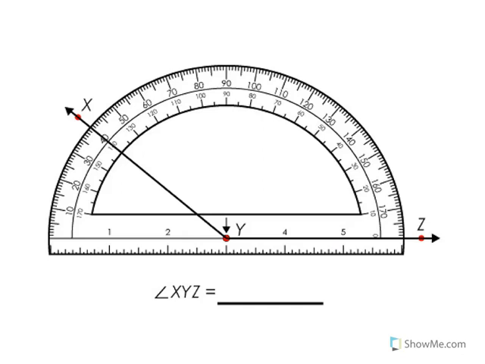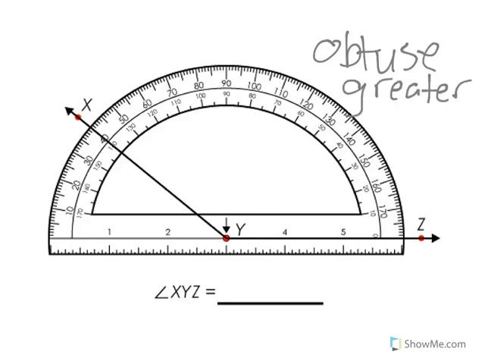Okay, what kind of angle is this? That's correct, this is obtuse. We know that obtuse is greater than, that's correct, it is greater than 90 degrees, okay? Now, let's make sure that they lined up our protractor correctly. We take this bottom line and we line it up on our ray just like that, so they did a good job there.